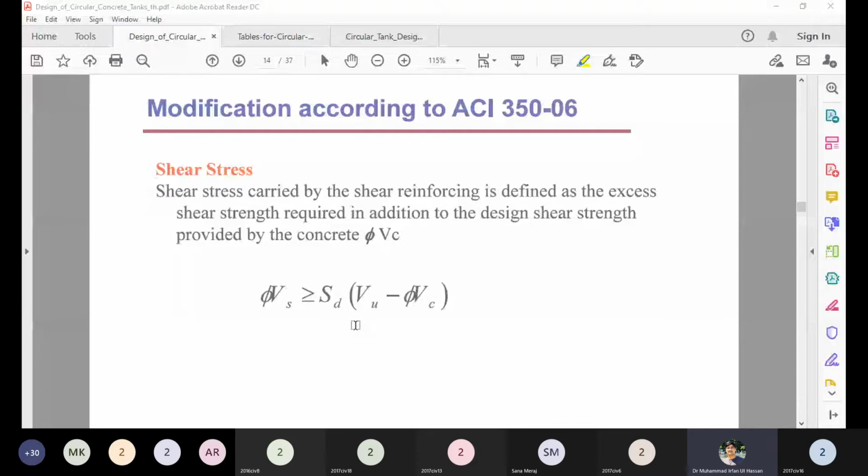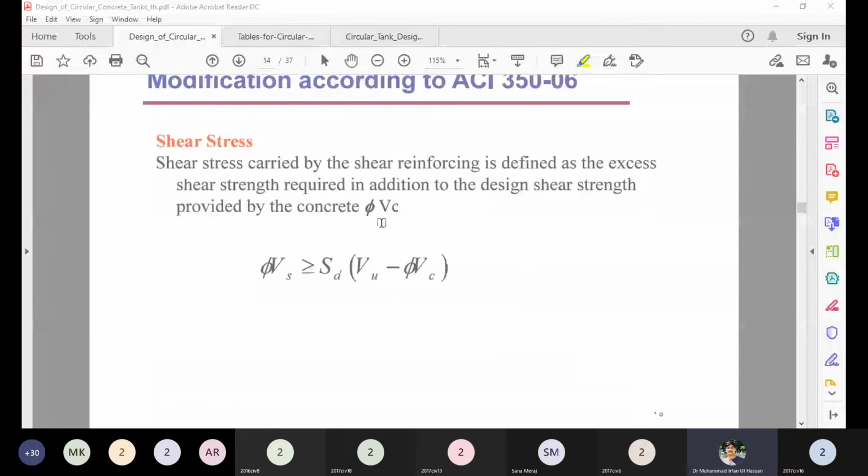The stress carried by the shear reinforcement is defined as the excess shear strength required in addition to the design shear strength provided by the concrete. So the stress that is carried by the steel is Sd into Vu minus phi Vc. The steel stress should be larger than this value. Phi Vc is the shear that is carried by the concrete.